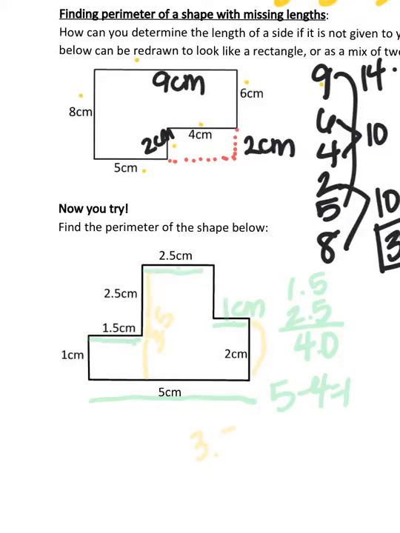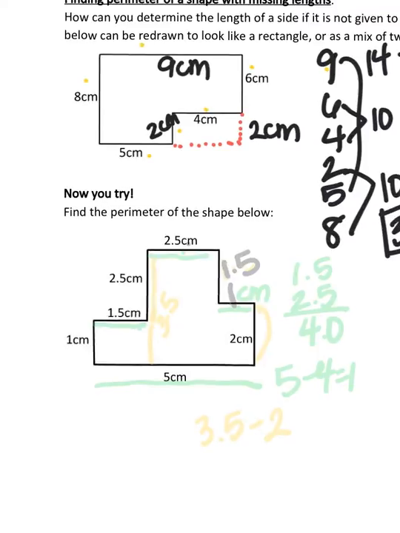So 3.5 minus the 2 I know would leave 1.5. So now I have a length for every little segment, right? This one's 1, this one's 2, 5, 1, 1.5, 2.5, and 5.5. So now I have all of my lengths that I can add up.